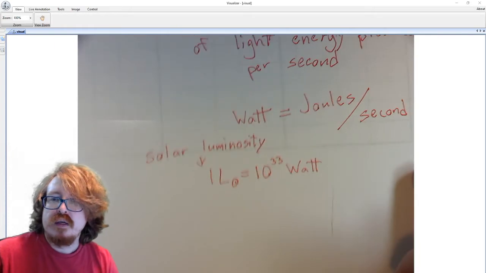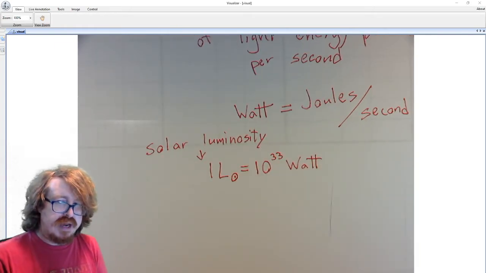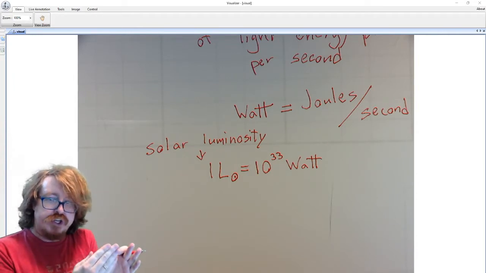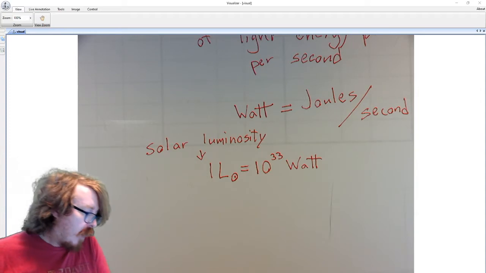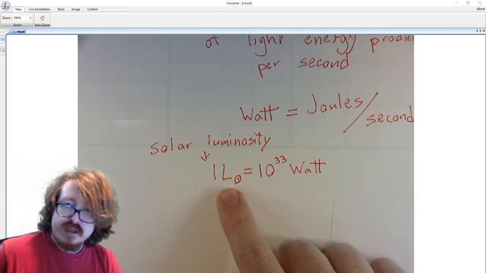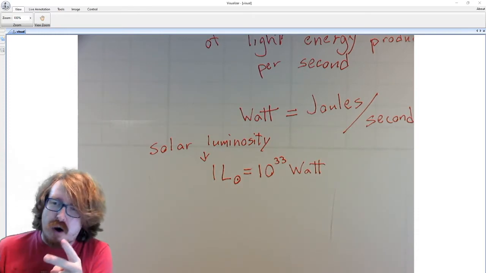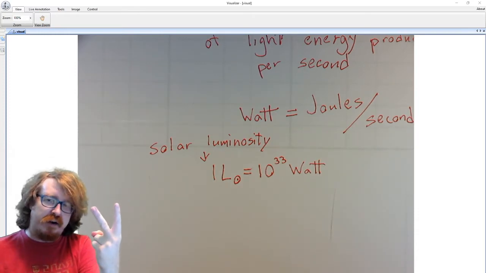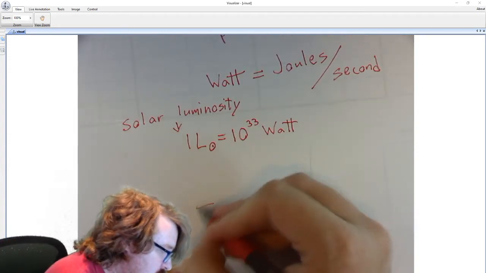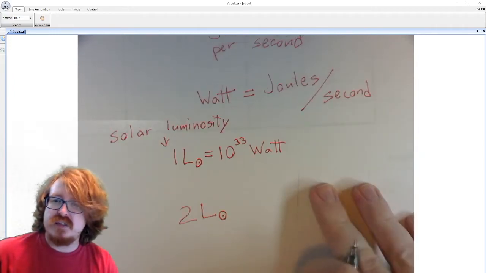So the luminosity of our sun is called a solar luminosity, and we make that the standard wattage for stars. So our sun is 1 solar luminosity, and that way we can deal with very small numbers. If there was a star with twice the luminosity of our sun, it would just be 2 solar luminosities. Does that make sense?